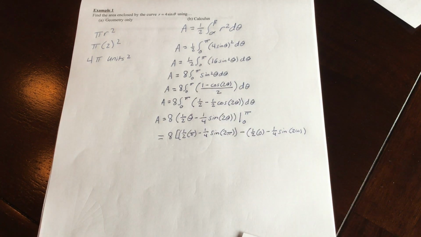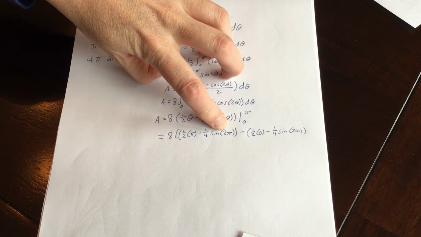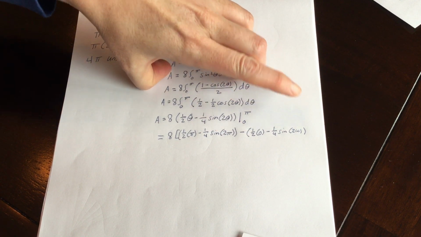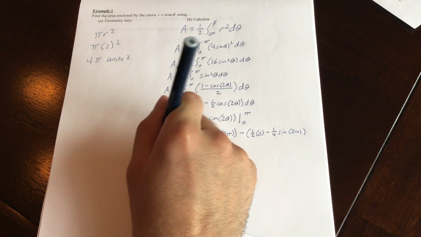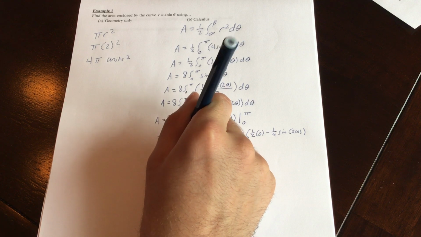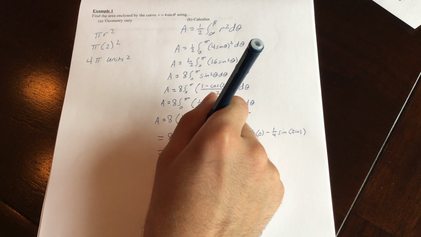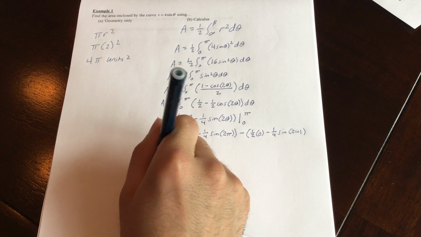Good. And then a comment here, everybody, sine of 2 pi is 0 and sine of 0 is 0. So most of these terms equal 0. The only ones that don't would be, or the only one that doesn't, would be that 1/2 pi there.